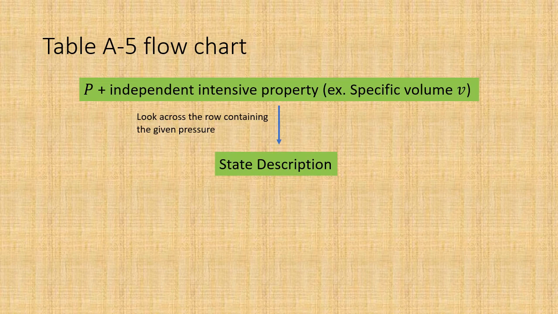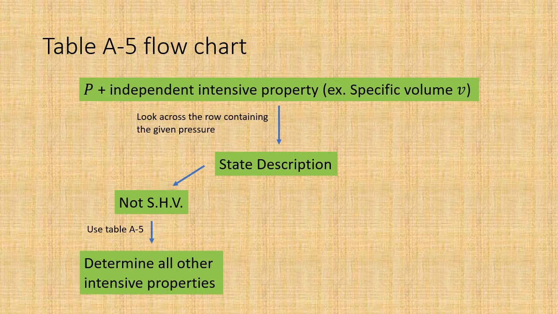And if the substance is anything but a superheated vapor, we can use table A5 and determine all other intensive properties. If we have a superheated vapor, we will need to use table A6, the superheated water table, and then we will be able to determine all other intensive properties.